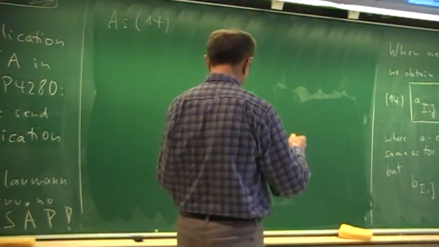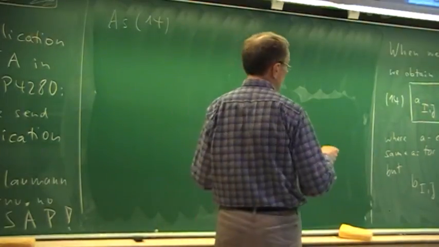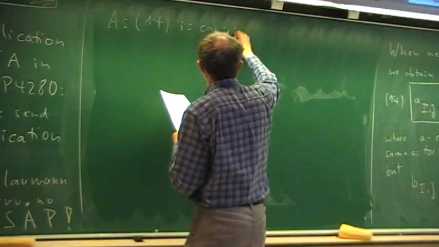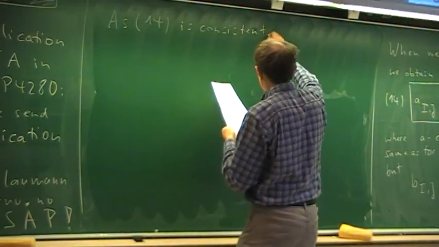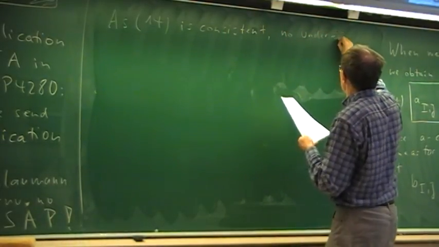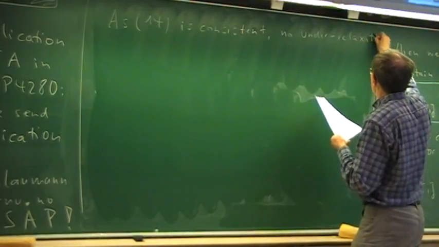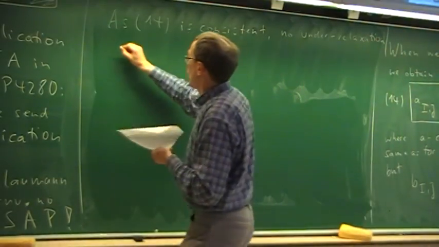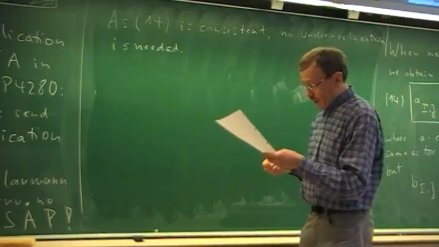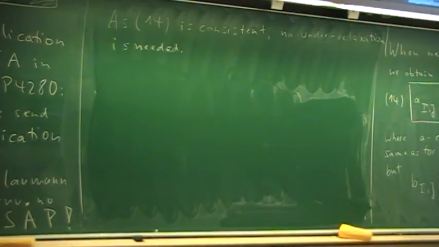For the simpler method, this pressure equation 14 is consistent, so no underrelaxation is needed. When we have computed that P, that is the first thing that we do, and we call it P star.